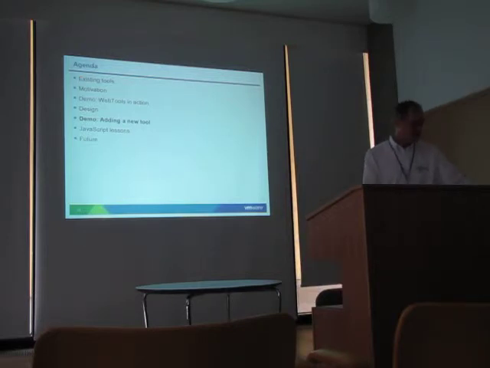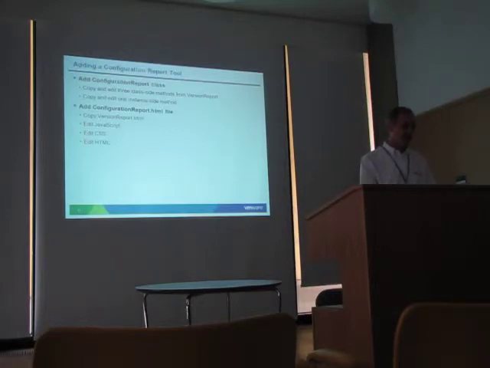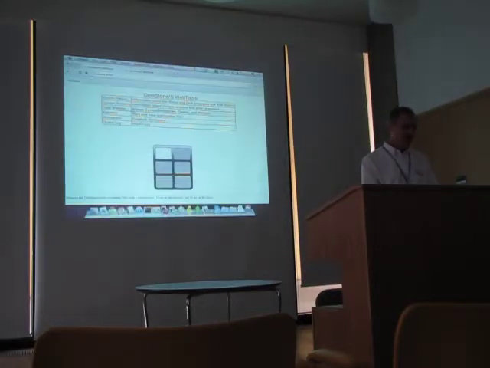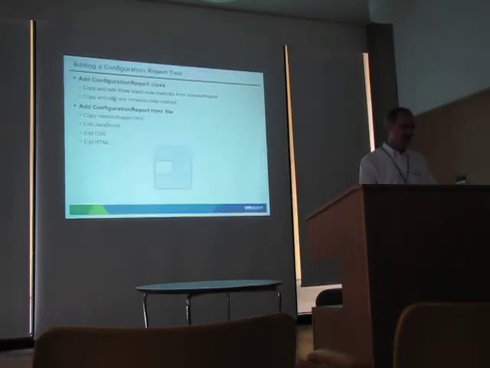So we'll take a couple of minutes and look at how you would add a tool here. We've looked at the version report, but one of the things that might be handy is a configuration report. What were your config parameters for your stone? So let's look at this.